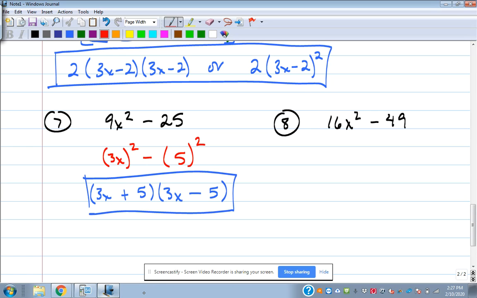Well, is there a GCF? No. It's two terms with a minus sign in the middle, so I'm going to try to rewrite it as a difference of squares. What square gives me 16? What square gives me 49? 7, right? 4x plus 7, 4x minus 7.